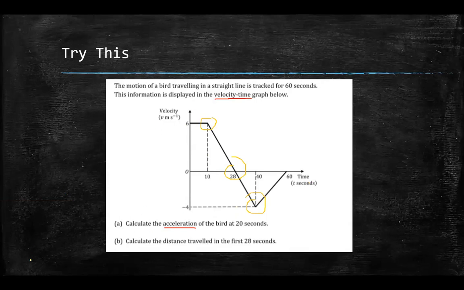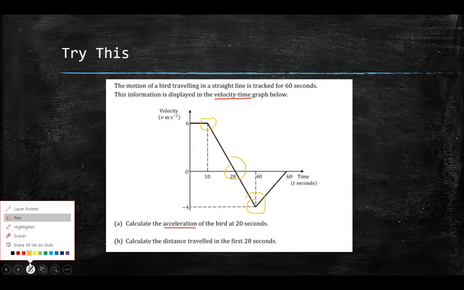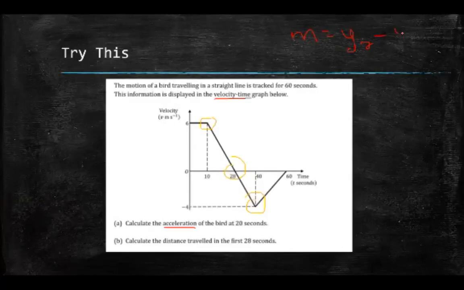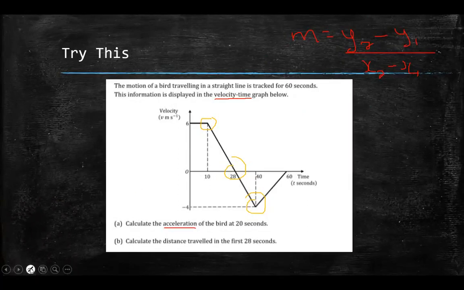How do we find the gradient of a straight line? We apply the formula. M, which is gradient, is y2 minus y1 over x2 minus x1, or the change in the y values over the change in the x values, or some people say rise over run, same thing. Let's say I wanted to use these 2 points.